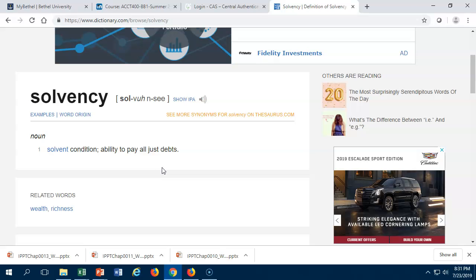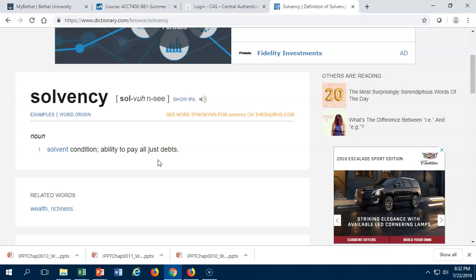They're making all their profit because they're taking out all these loans. You might find out by analyzing the cash flow statement and the balance sheet that they have profit, but they have a debt problem, an obligation problem. They might not have the ability to pay all just debts, and they might be on the road to insolvency. All right, I don't know how we got on that, but where are we?